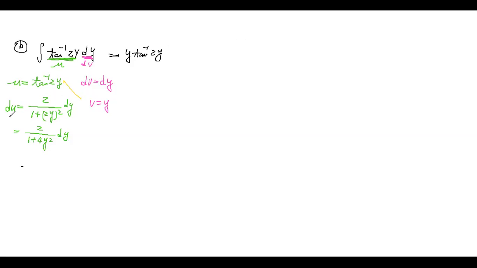So minus v du. It's a minus, so let's put the 2 out here. And then here, this is v du. So it's y over 1 plus 4y squared, and dy is here.